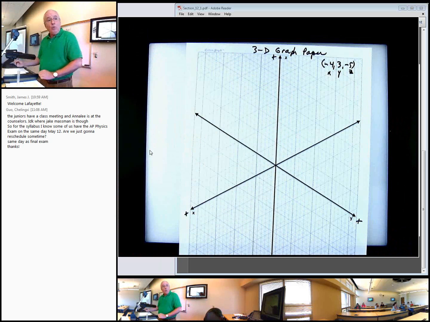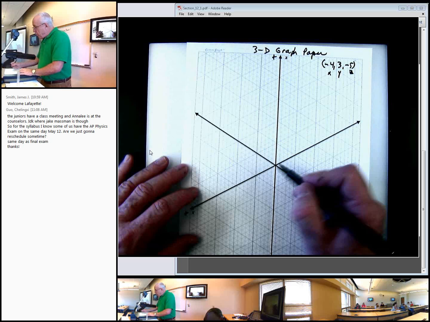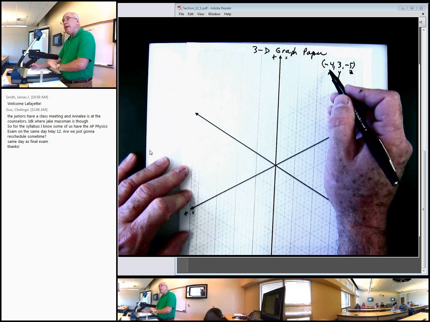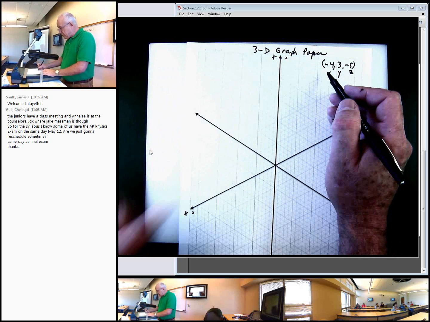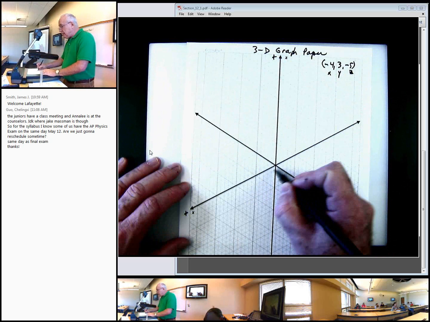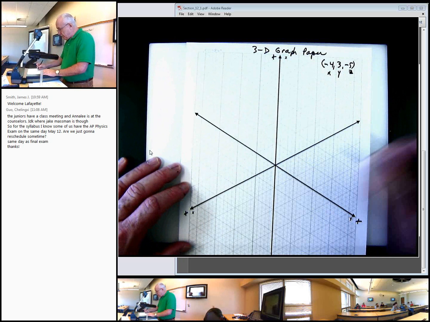So we do this in steps. First of all, we want to go back 4 units to get the -4 for the X. We can start here at the origin where we have 0, 0, 0. Since it's a -4, we have to go in the negative direction.